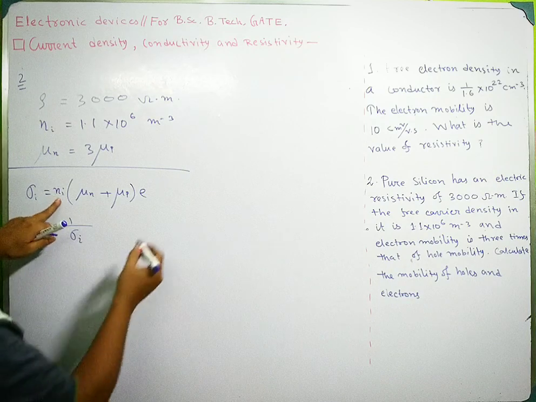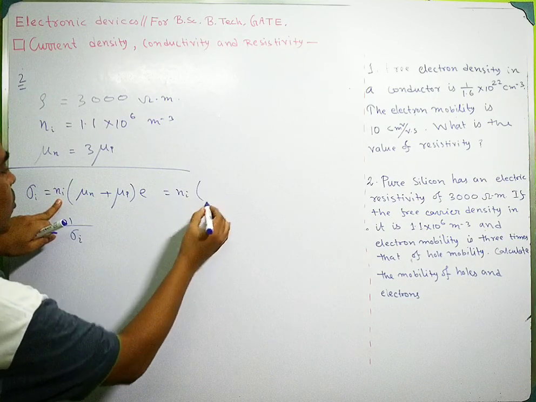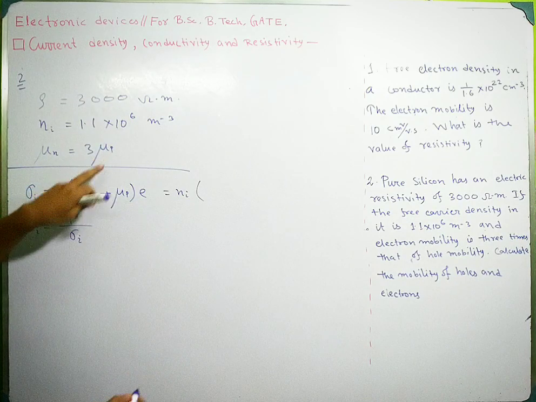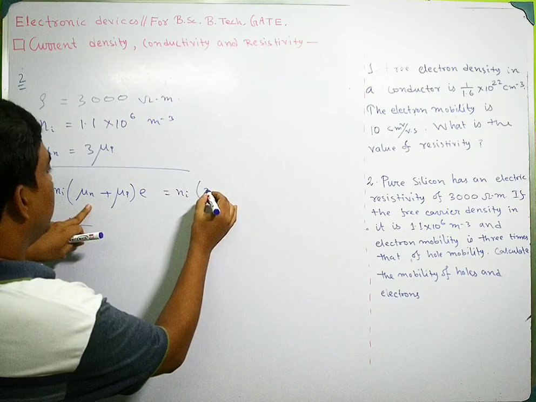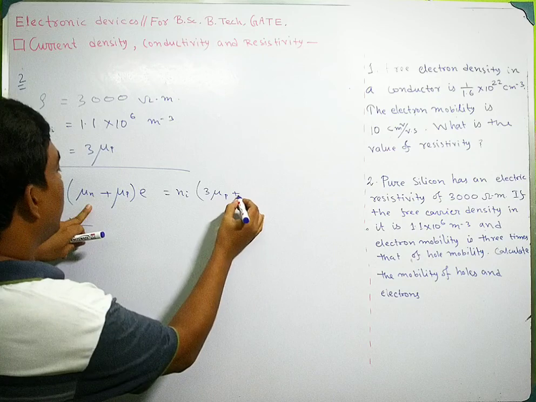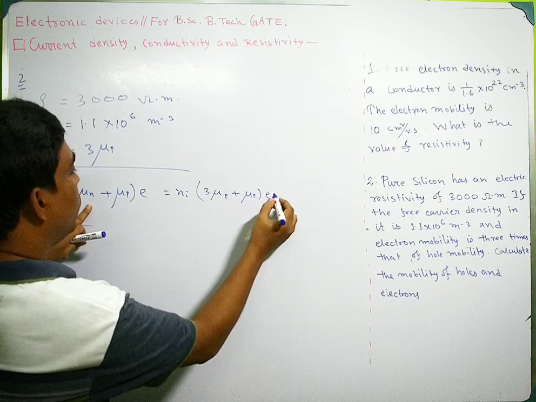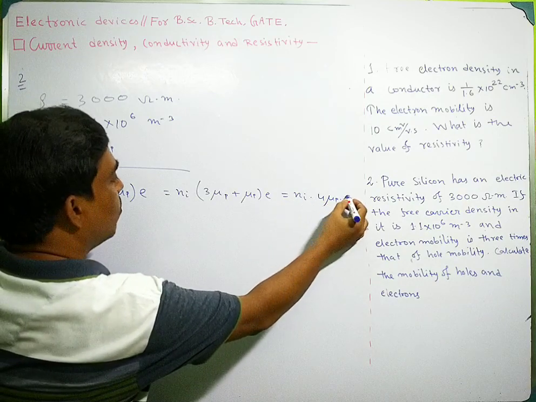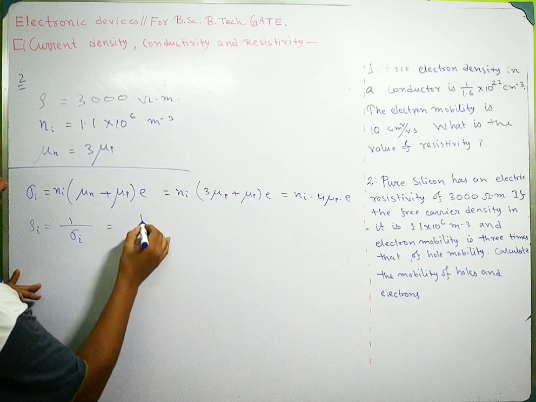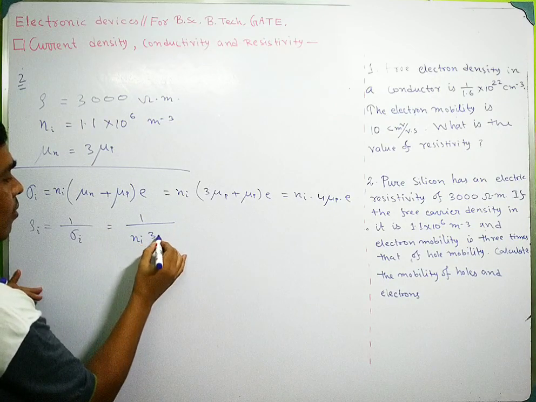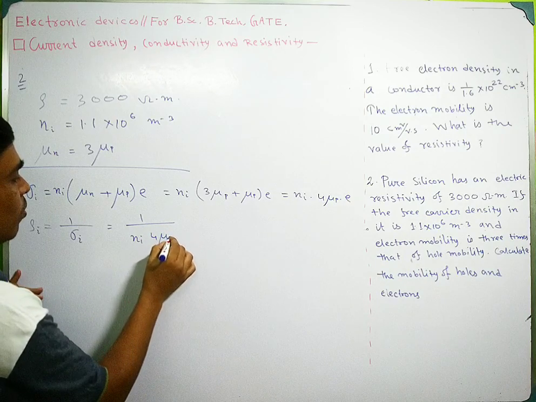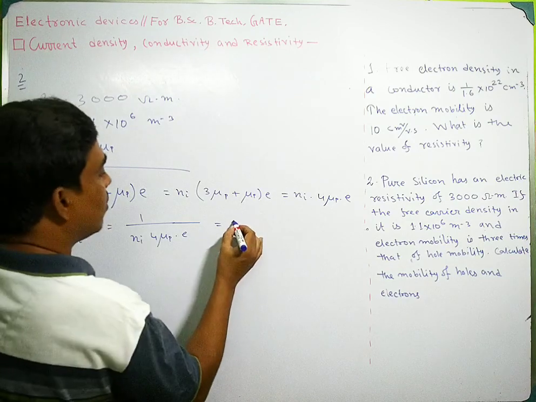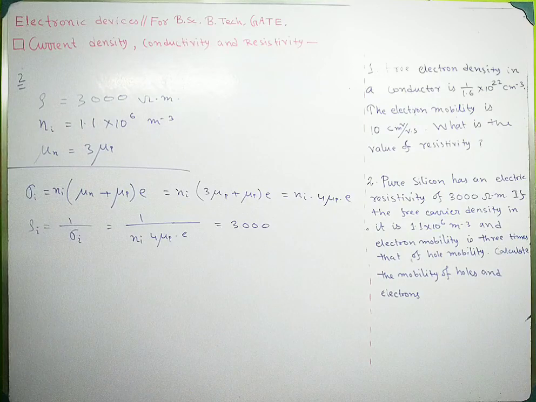If I replace mu n by 3 mu p, it can be written as Ni into (3 mu p plus mu p) into E, so it will be Ni into 4 mu p into E. So it can be written as 1 by Ni 4 mu p E, which is given as 3000 ohm meter.